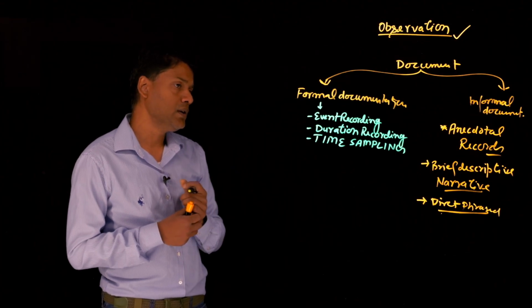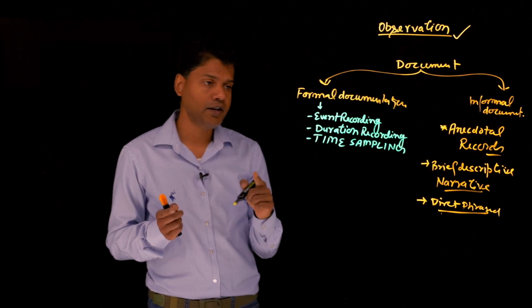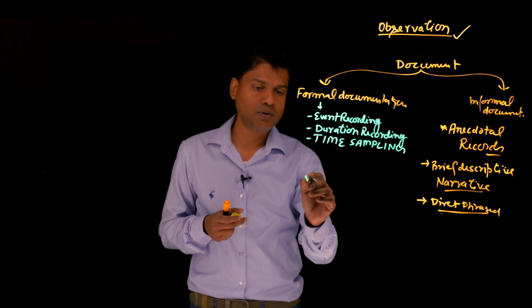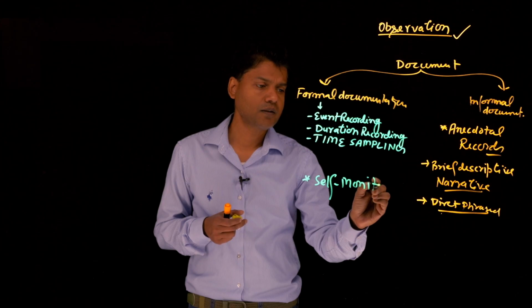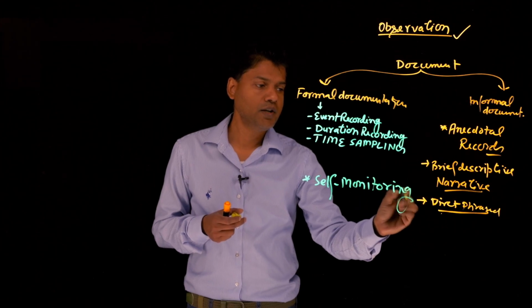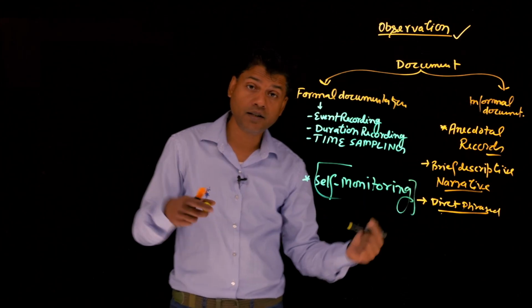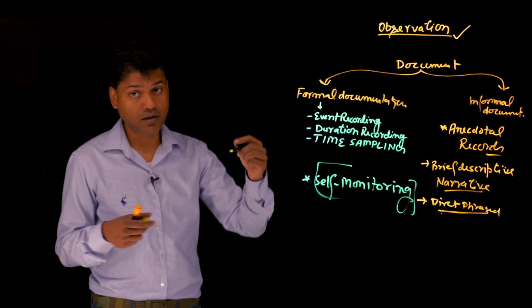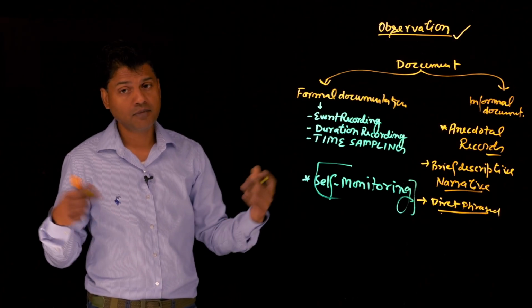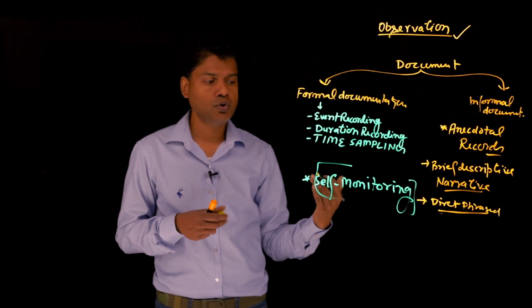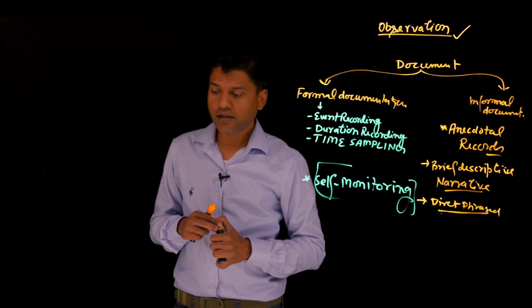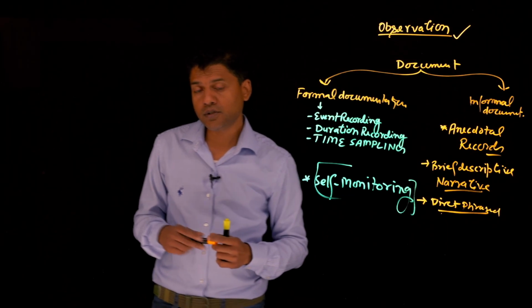Another method, which I already talked about a little bit, is called self-monitoring. In self-monitoring, the client themselves monitor and record the observation. It is mostly used in the CBT approach, where you tell the client to observe certain behaviors in themselves.